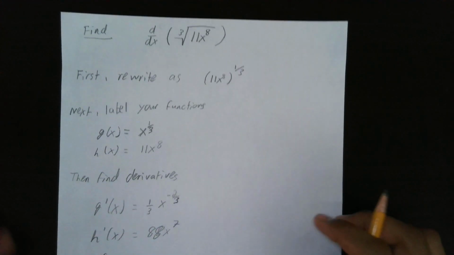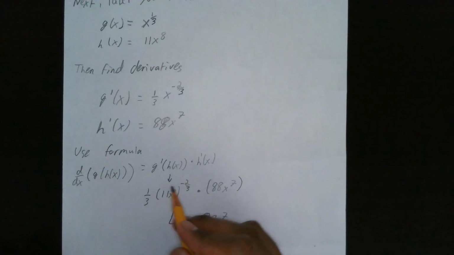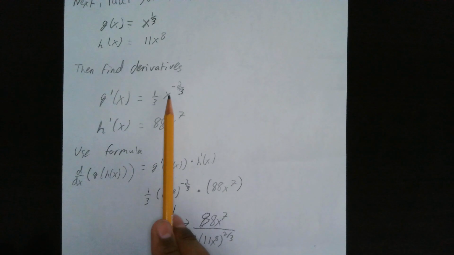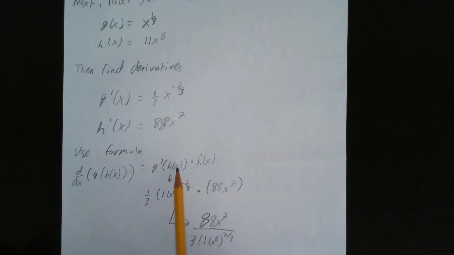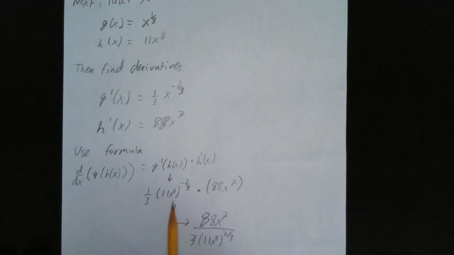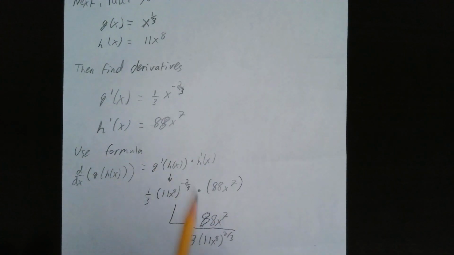And now we can use our formula. So g prime is 1/3 x to the negative 2/3, but then we put in our original h of x function, so that's 11x to the 8th. And then we multiply that by h prime of x, which is this function here.